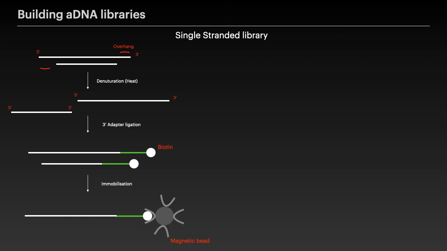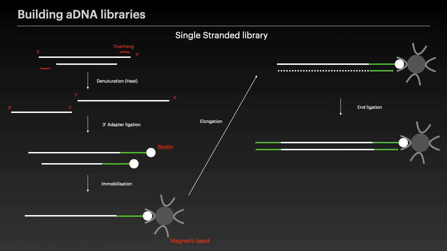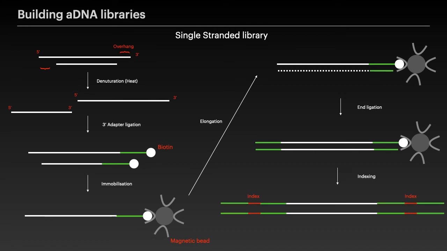And as it is immobilized, you can start filling in the rest of the complementary sequence. Then, similarly to the double-stranded protocol, you ligate another adapter on the other side. And then lastly, you can do the indexing step.